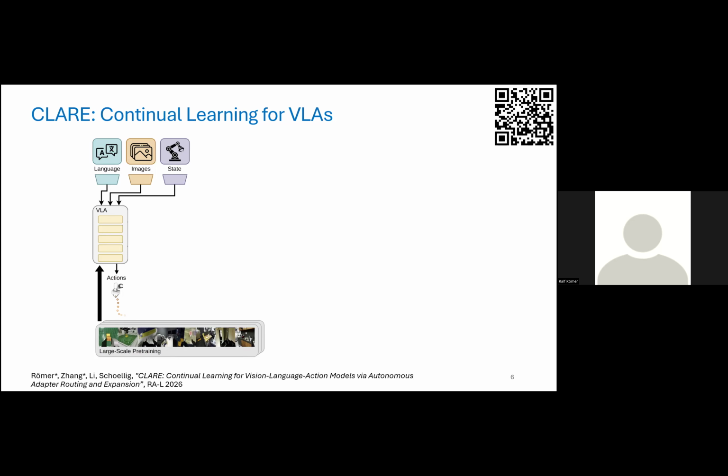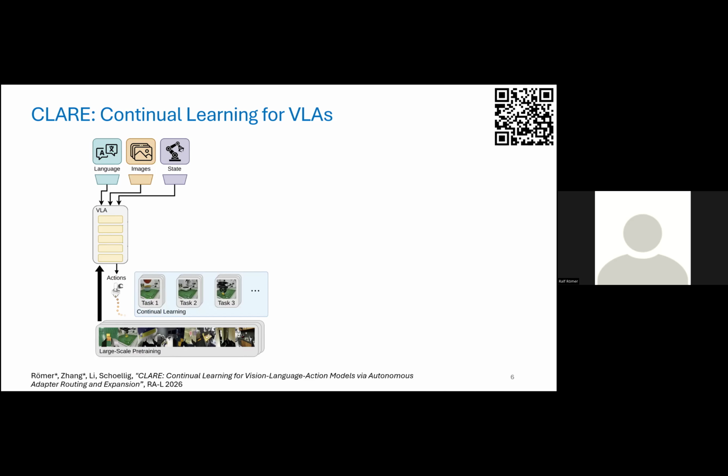And in the end, they produce actions to move the robot in the workspace. We also study the common case that we have some large-scale pre-training data on which we pre-train these models, so that they have some general capabilities of visual understanding and maybe some ideas of how robot actions typically look like.